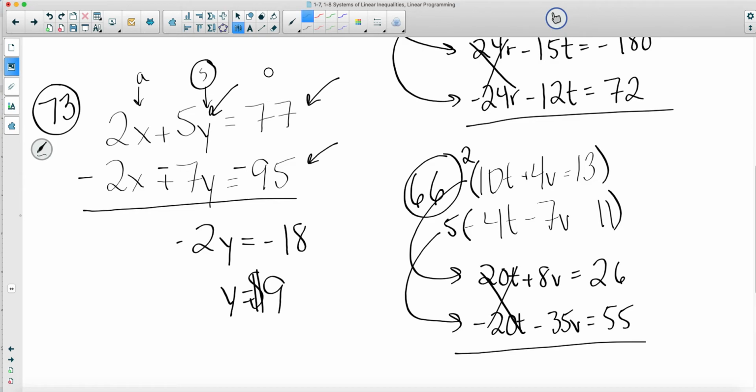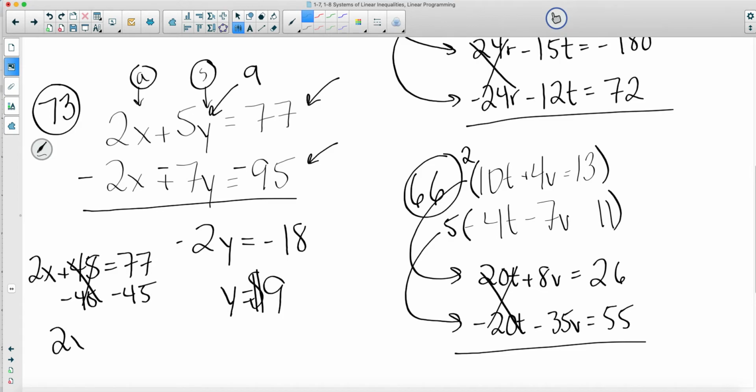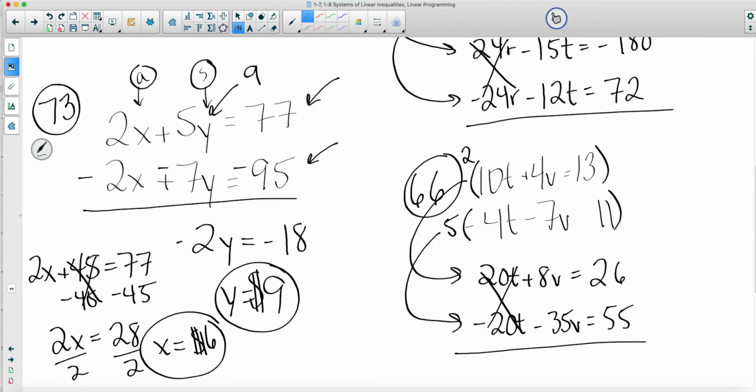So we'll have 2x plus 45 equals 77. We're going to try to find the adult cost of the ticket. So x would be the adults. Minus 45 on both sides. You get 2x equals 77 minus 45, which is 28. Divide both sides by 2. We get x equals 16. So it's $16 for the adults, $9 for the students.